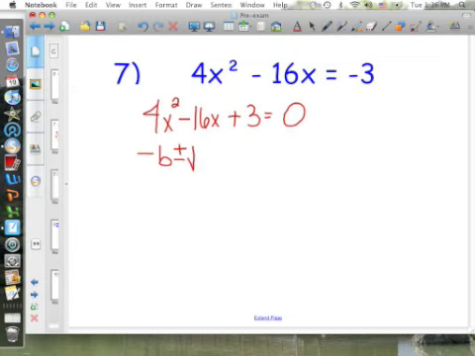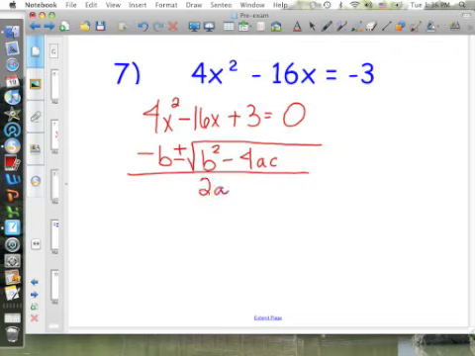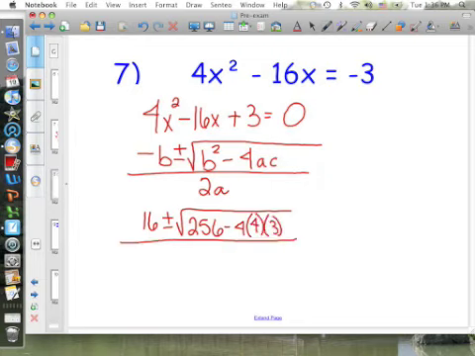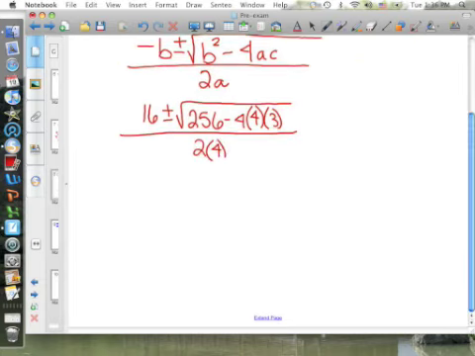Negative b plus or minus the square root of b squared minus 4ac all over 2a. b is already negative, so it becomes positive 16 plus or minus 16 squared, which is 256, minus 4 times 4 times 3 all over 2 times 4.